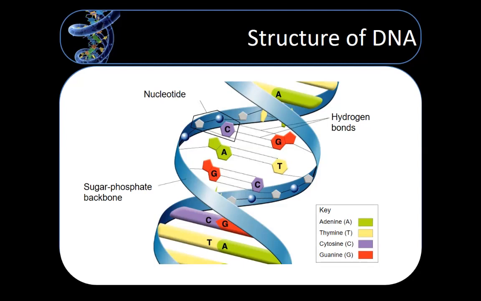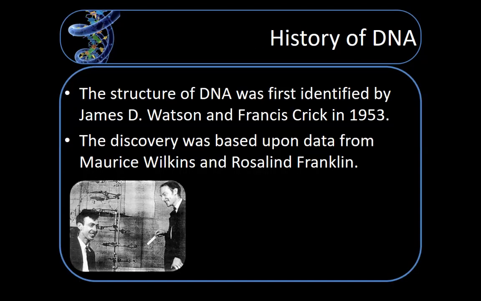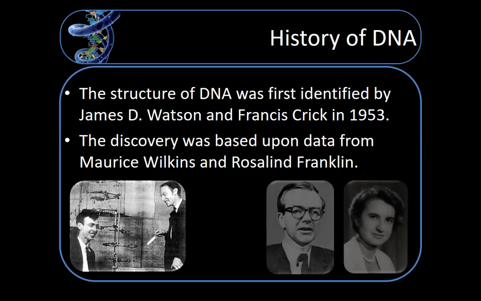Now, before I let you go today, I wanted to talk a little bit about the history of DNA. The structure of DNA was first identified by Watson and Crick back in 1953, and it's quite a story, actually. But it wouldn't have been possible if it wasn't for the work of 2 very unsung heroes, Maurice Wilkins and Rosalind Franklin.